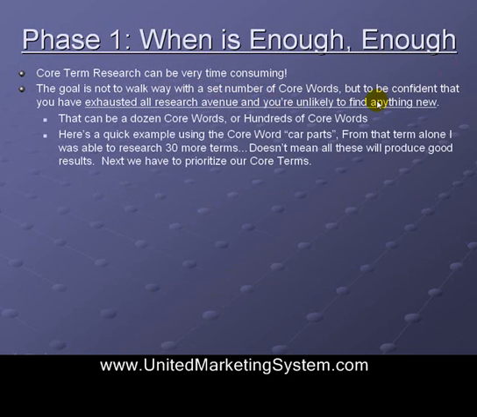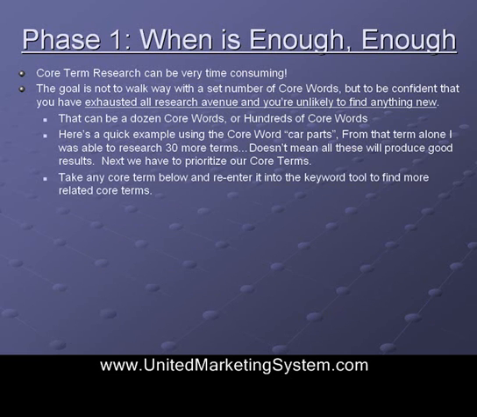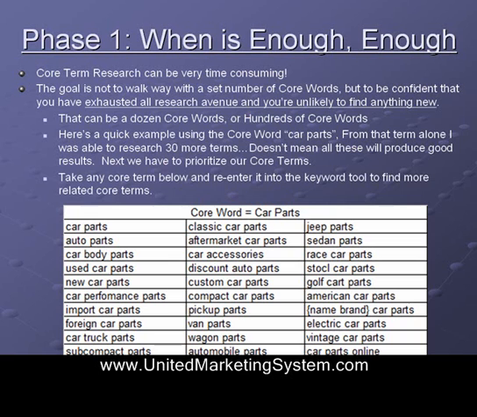So here's a quick example using core words. For car parts, there was a lot more, but I'm just going to show you real quick. Take any core term below, and re-enter the keyword. We talked about that too. Just re-entering everything. But for just car parts, here's what I got from all different keywords: car parts, auto parts, car body parts. Now, if I want to go deeper into any of these categories, these are my core words.